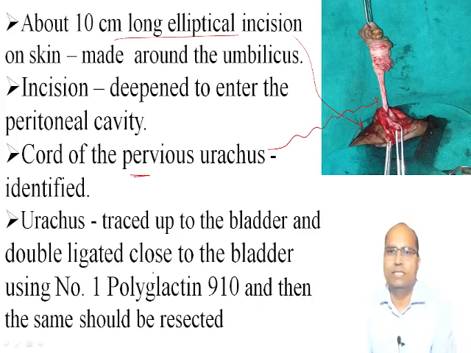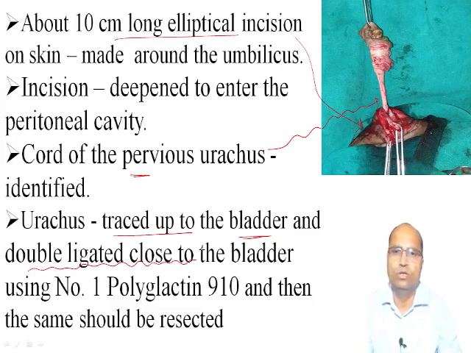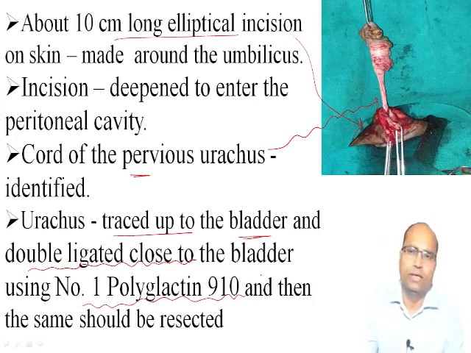The urachus is raised to the bladder and doubly ligated close to the bladder using number 1 polyglactin 910. Then the same should be resected.